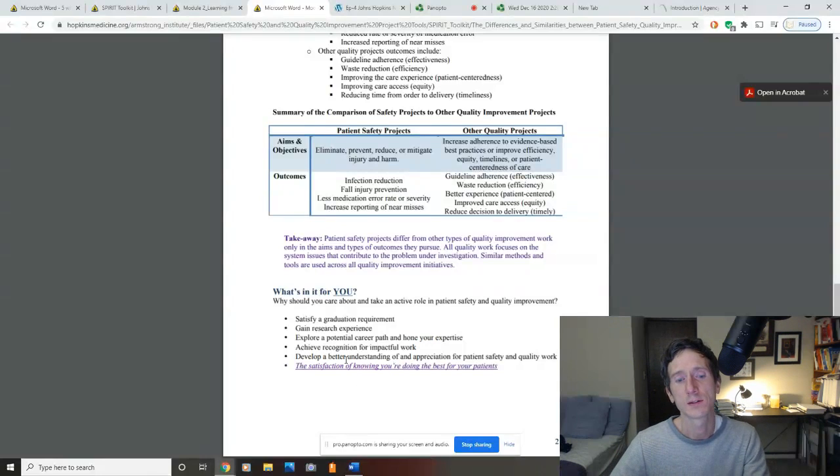Also, we can do this because we want to do something impactful to move outcomes and help patients. That's another win-win situation. You get better at a skill, you feel empowered, you also help a patient. You can do things that even affect whole systems. And finally, the last one I really like is just the satisfaction of knowing you're doing the right thing for your patients.